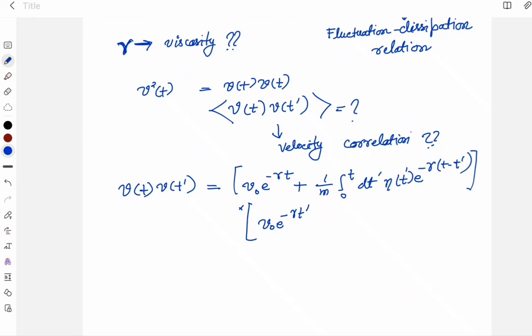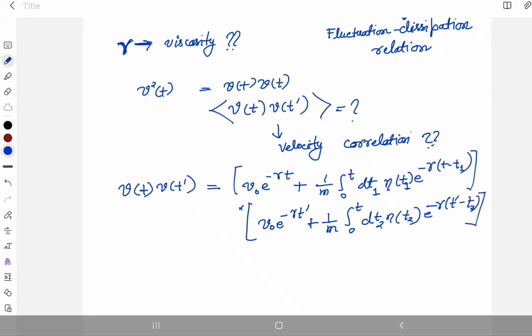Oh, this notation is confusing, so let us use 1 in place of prime, since this time has one prime index. So t1, gamma t1, plus 1 over m integral 0 to t' dt2 eta(t2) e to the power minus gamma (t' minus t2).